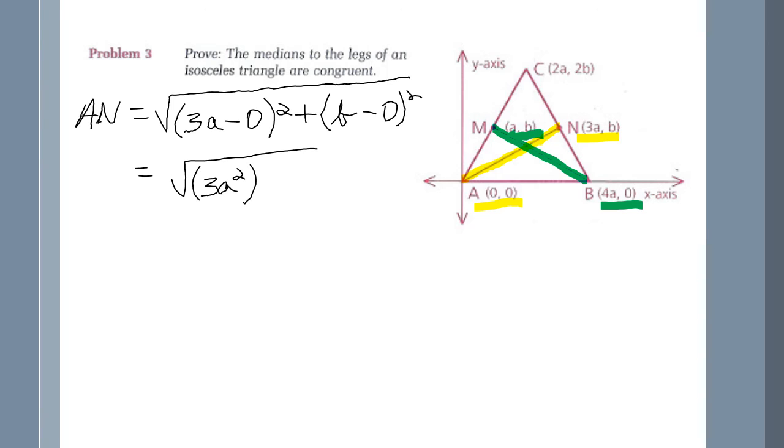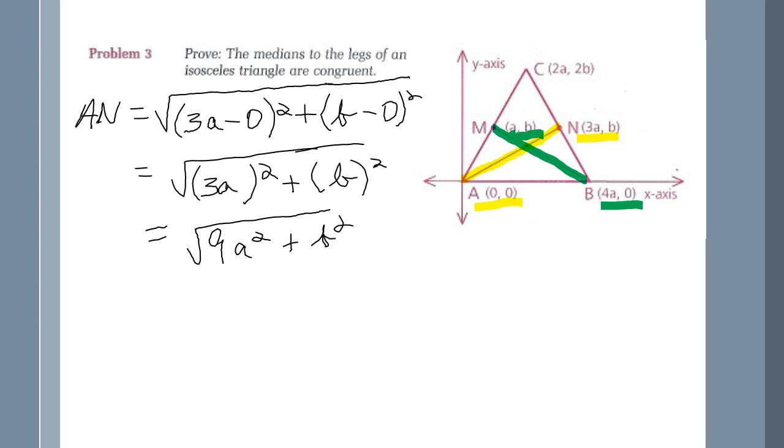Oh, excuse me, that's a mistake on my part. 3a quantity squared plus b quantity squared. So 3 squared is 9, so the square root of 9a squared plus b squared is equal to AN.